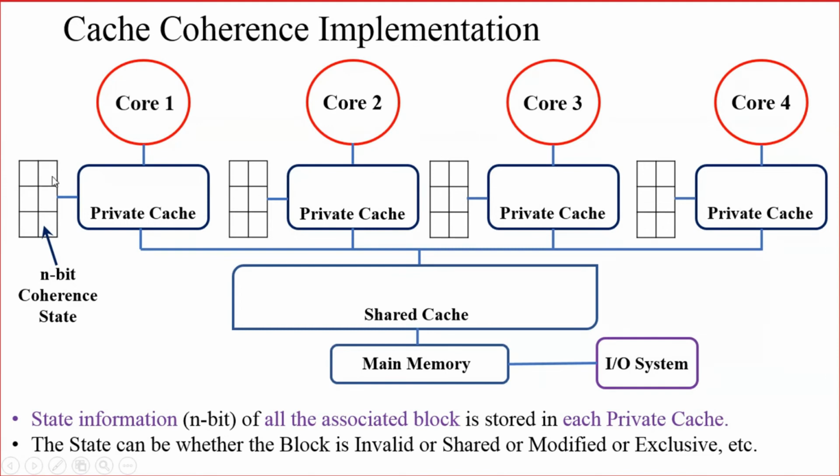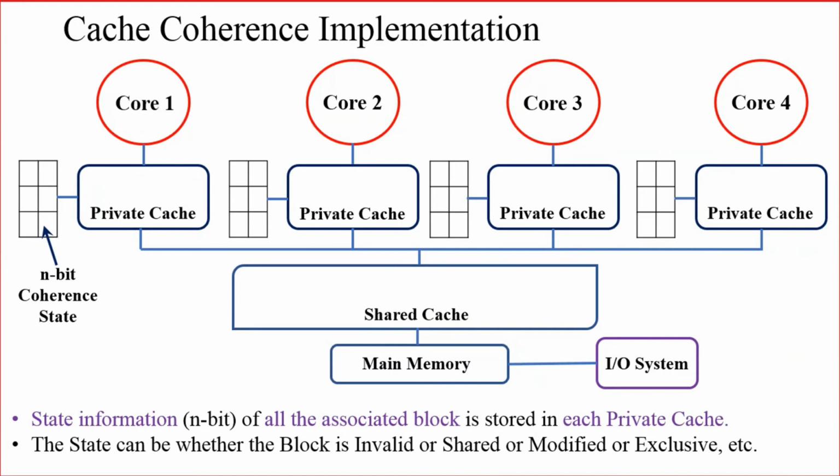Based on the state of a block, the action will be taken while reading or writing from a processor. When core 1 is trying to read from a block of data, based on which state that block is in, the action will be performed. Either the state will be changed to a next state or the state will be maintained. Those details we will see when we deal with the cache coherence protocol design.